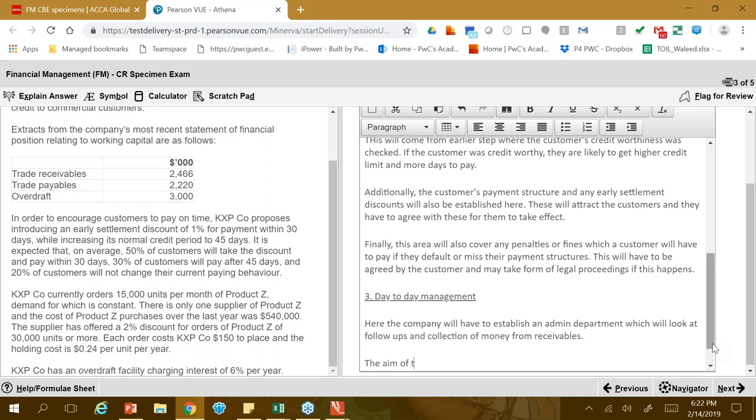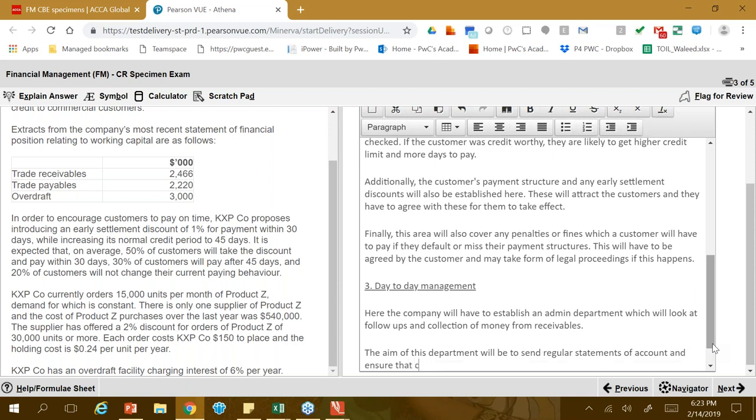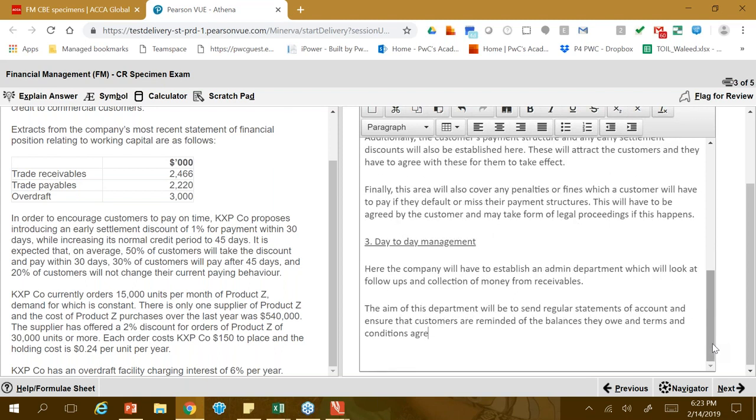The aim of this department will be to send regular statements of account and ensure that customers are reminded of the balances they owe and terms and conditions agreed.